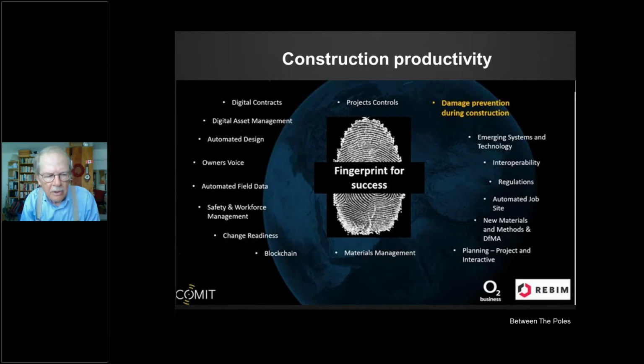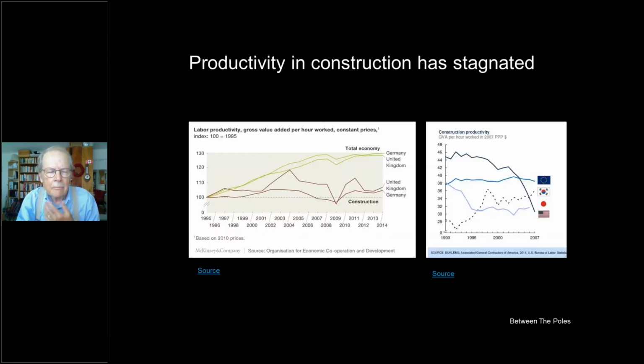that I just published with a colleague of mine, Dr. Shinowaki, in Japan. We'll talk briefly about two jurisdictions, Japan and Heathrow, where they have been very successful in reducing the number of incidents of underground damage. I think most people on this call will know that construction productivity is a huge problem.